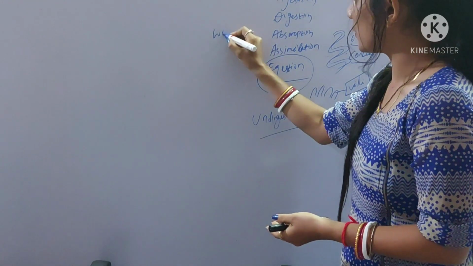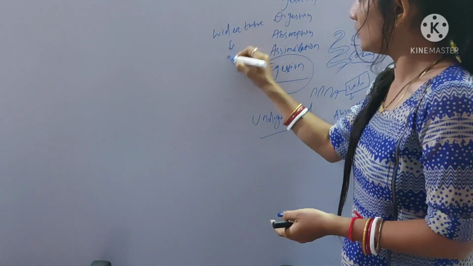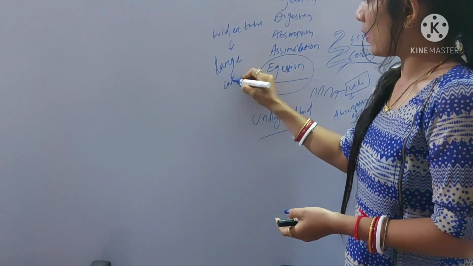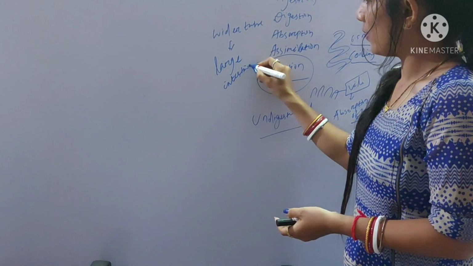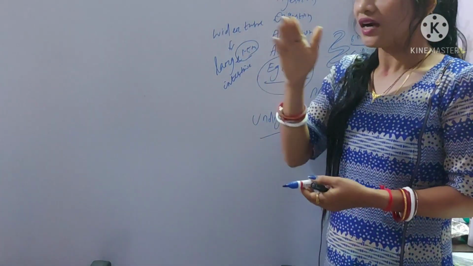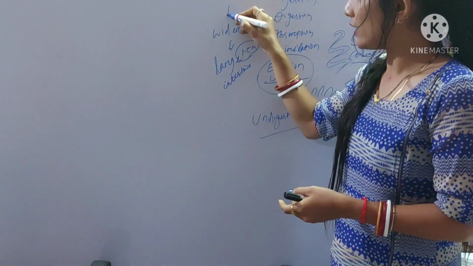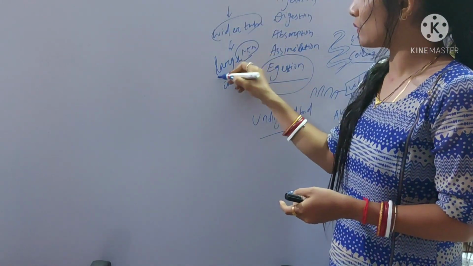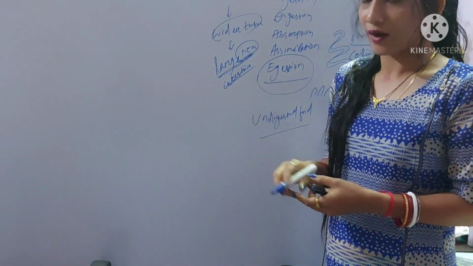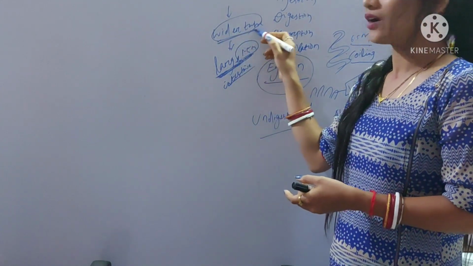We call it the large intestine. It is approximately 1.5 meters long. Its name is large intestine because it is a wider tube.